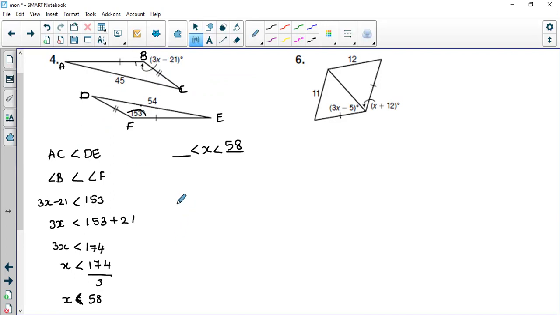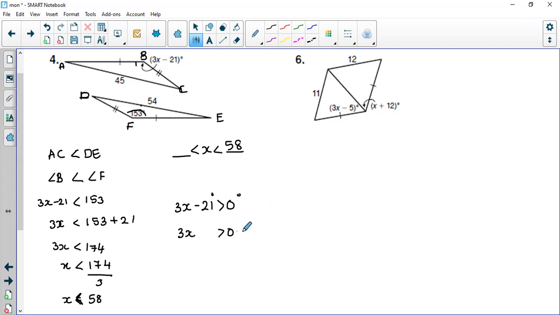So we are going to say 3x minus 21 is greater than 0 degrees. As we are talking about an angle measure, all the angles need to be greater than 0 degrees. There is no angle for 0 degrees or less than 0. So we write this inequality in this way. So 3x minus 21 degrees is greater than 0 degrees, which means you will just follow the same method.